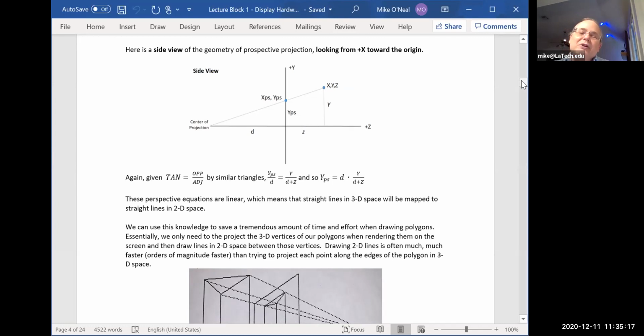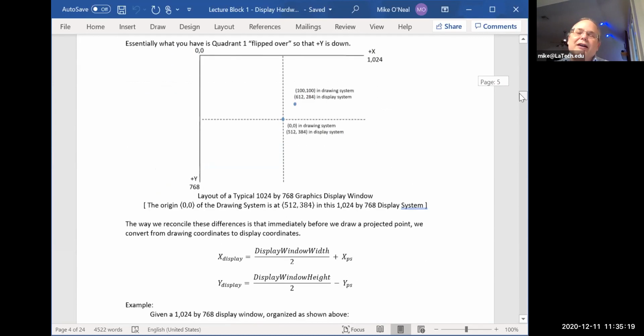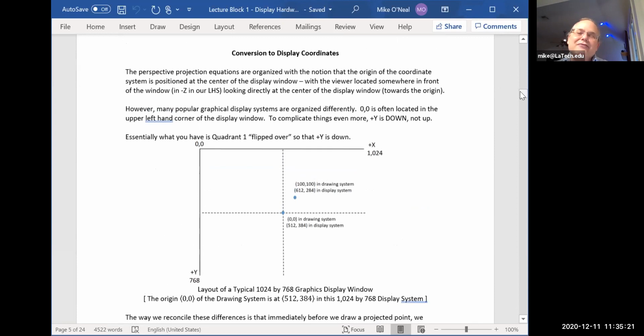We do. And we just get so used to it that we don't even think about it anymore. But here we kind of have to think about it, because display hardware is organized like a matrix where you still have X values and you still have Y values, but positive Y goes down, because the Y value is really translated to a row number in a matrix.